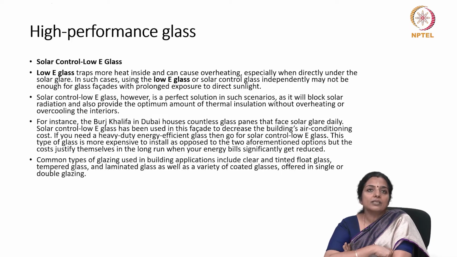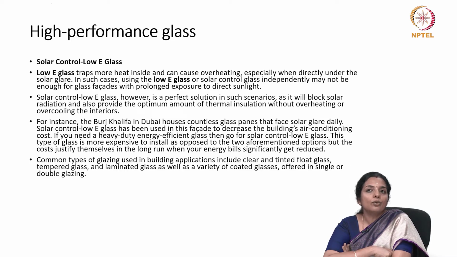Let us look at solar controlled low E glass. Solar controlled low E glass tends to trap more heat inside that can lead to overheating, especially when directly under the solar glare. In such cases, using low E glass or solar controlled glass independently may not be sufficient for a glass facade which has prolonged exposure to direct sunlight.